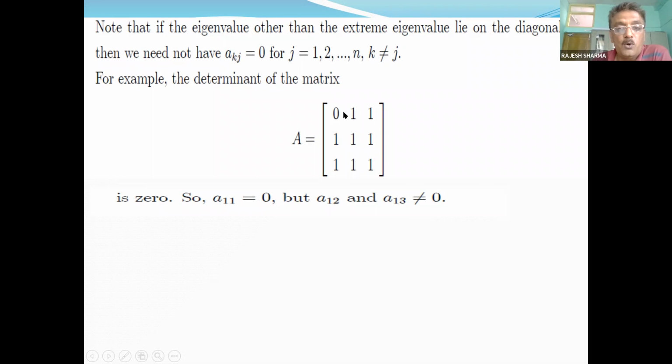This means 0 is neither the largest nor the smallest eigenvalue of A, correct? Also see from here, this principal submatrix is non-negative. So this matrix A has one negative eigenvalue, one eigenvalue is 0, and one eigenvalue is positive. So 0 is the middle eigenvalue.